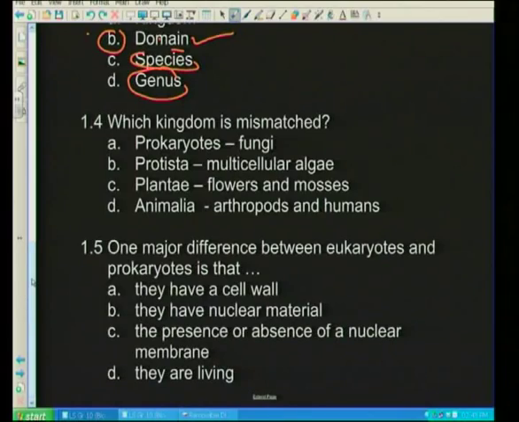We now look at 1.4. Which kingdom is mismatched? Let us now look at the parts that are matched. We know that arthropods are locusts and humans, and they do belong to Animalia. So that is correct. Flowers and mosses are plants, so they automatically do belong to Plantae.